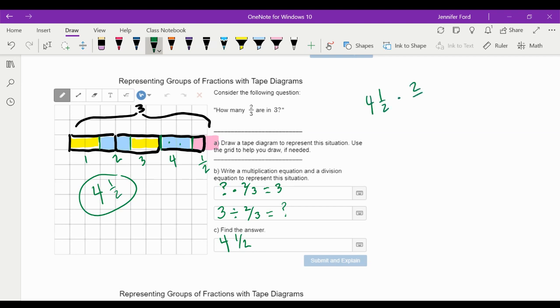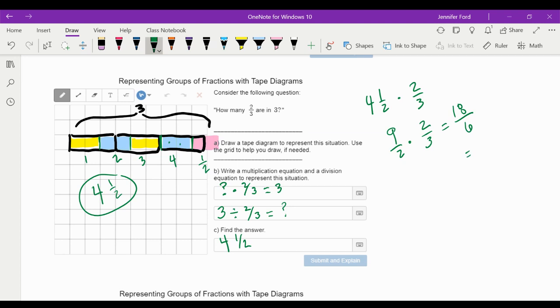4.5 times 2/3. If you remember, when we're multiplying fractions, I need to change things to improper fractions first, or fractions greater than 1. So 4 is the same thing as 8 halves, and I have another half, so that's 9 halves times 2/3. 9 times 2 is 18. 2 times 3 is 6.